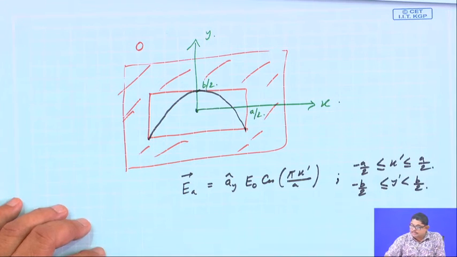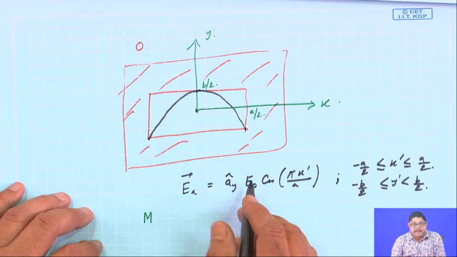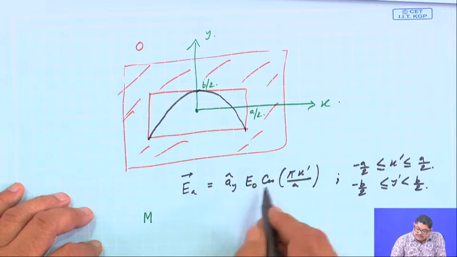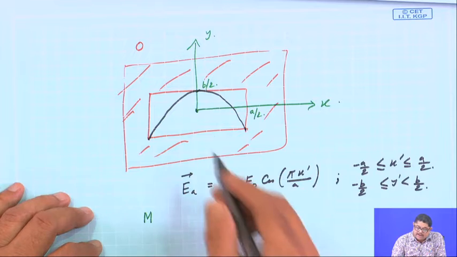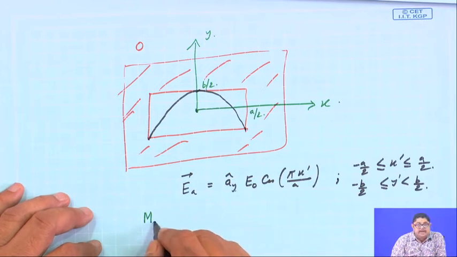So, we can easily write what M will be. I think you understand that E is y directed and n is z directed, so M will be x directed.